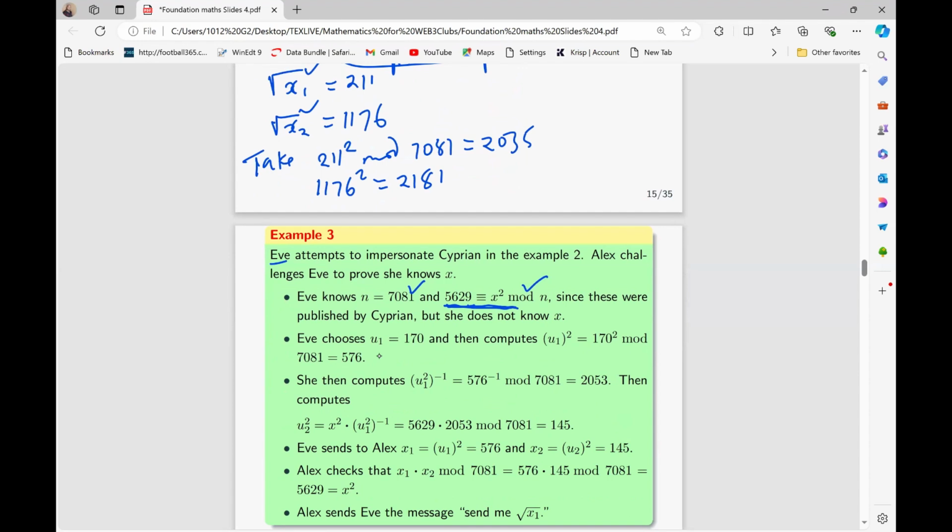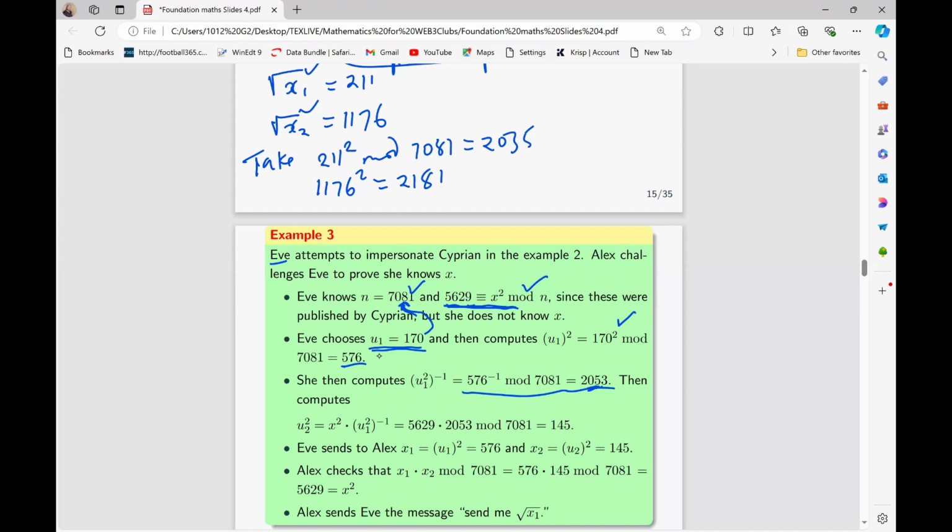So she'll choose any number relatively prime to N. She's trying to impersonate. So she takes a number relatively prime to N and squares it. This is what she gets. After squaring this number, she gets the inverse of the square, using the extended Euclidean algorithm.